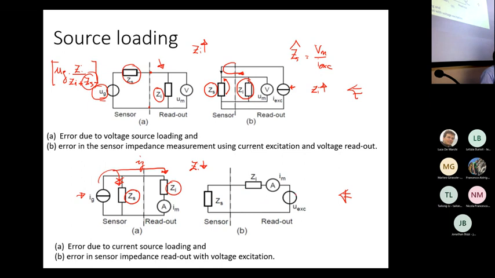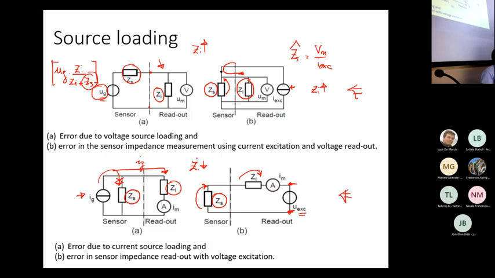So in this case, Zi should be small, and also in this case it should be small as well. Here, basically, we are measuring the impedance of the sensor with an amperometer. The idea is that we are generating a constant voltage, and we are measuring the current which is induced by this constant voltage. The problem is that this constant voltage is partially applied to the sensor impedance and partially to the input impedance of the current measuring system.